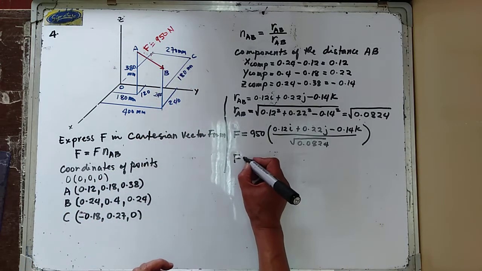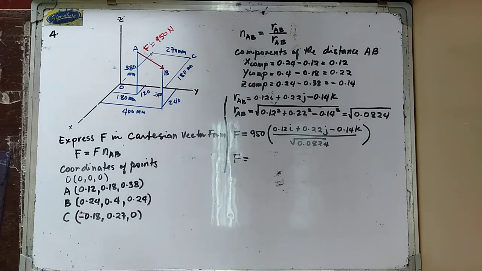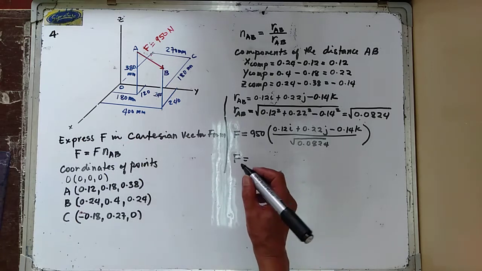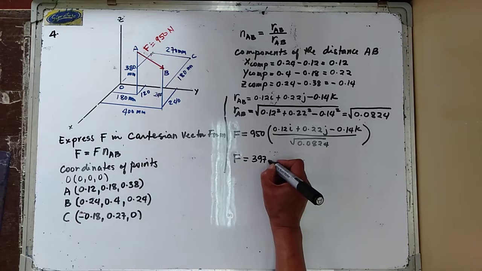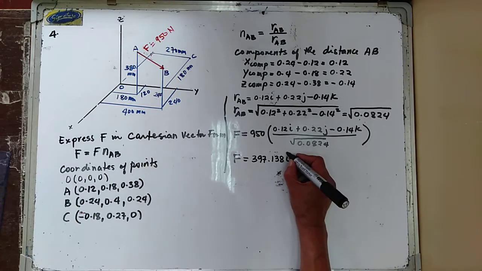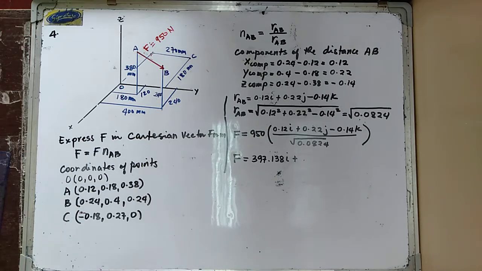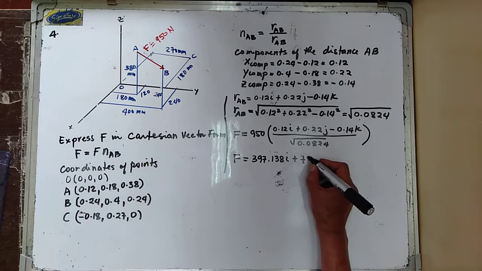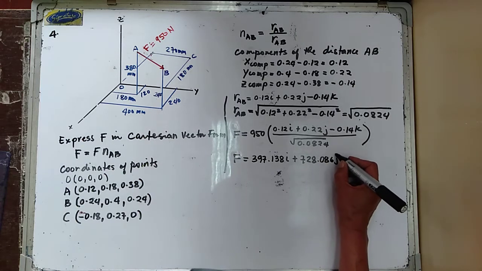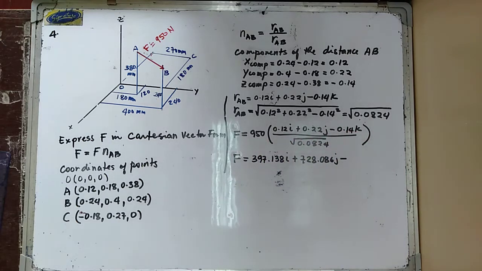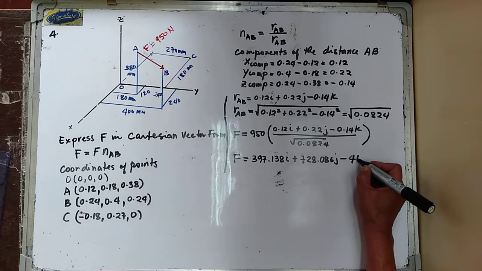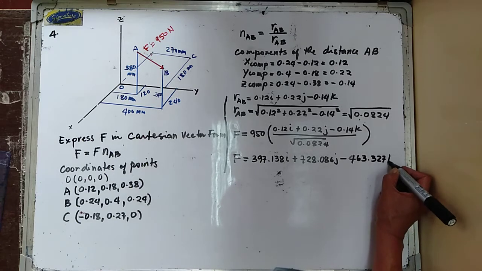So, in Cartesian vector form, this is equal to 950 by 0.12 over the square root of 0.0824, which is 397.138i, plus 950 by 0.22 over the square root of 0.0824, which is 728.086j, minus 950 by 0.14 over the square root of 0.0824, that is equal to minus 463.327k.